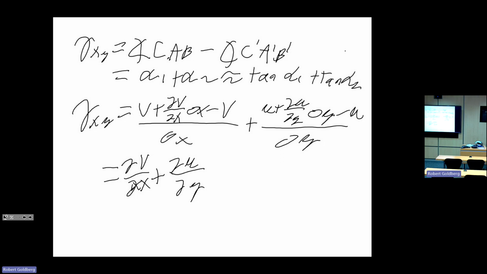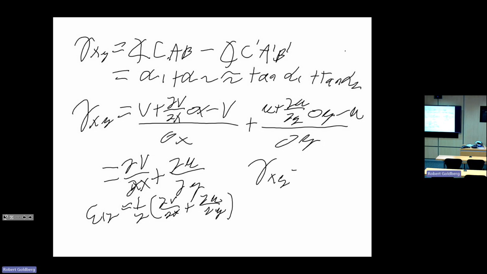Now, the important thing to note is that the tensorial strain is equal to 1/2 dv dx plus delta u delta y. So the engineering shear strain is equal to twice the tensorial shear strain. It won't matter so much for our class, but just a general note: in constitutive theory, the engineering shear strain is not a tensor and it doesn't behave like a tensor.